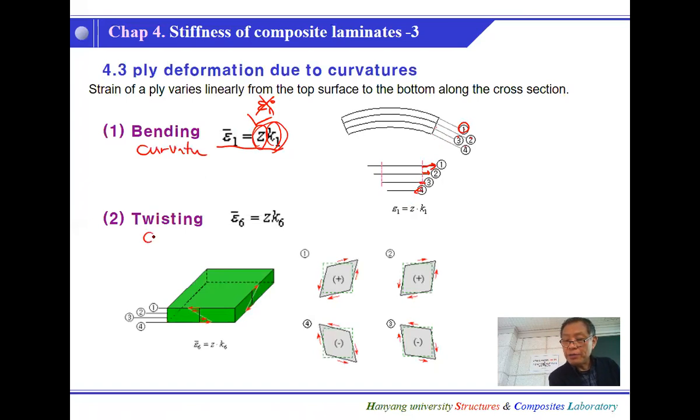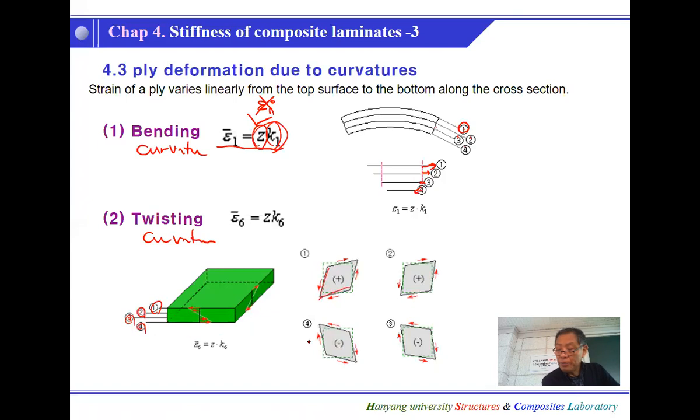Now twisting curvature. Plus-wise, this guy has the shear strain like that, and a little lower, still positive, and the third position, you now start having negative strain.